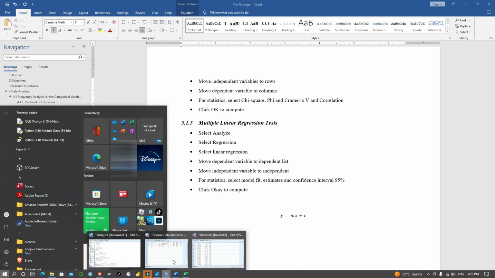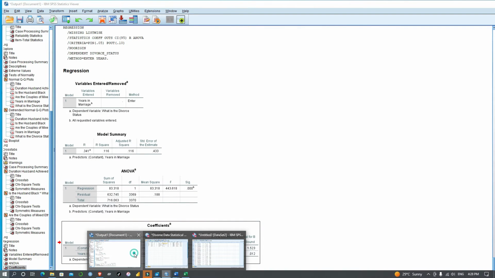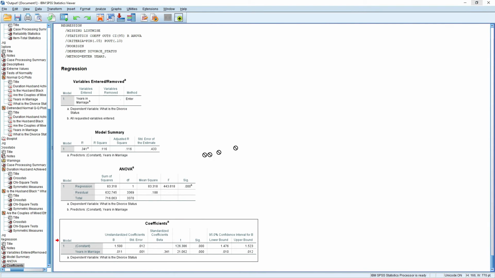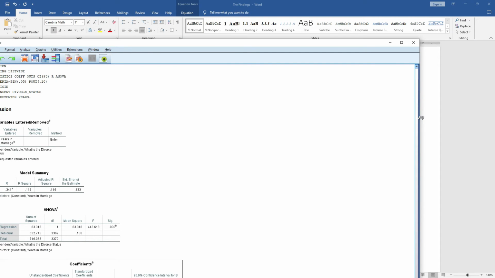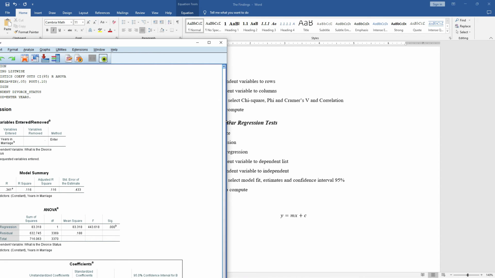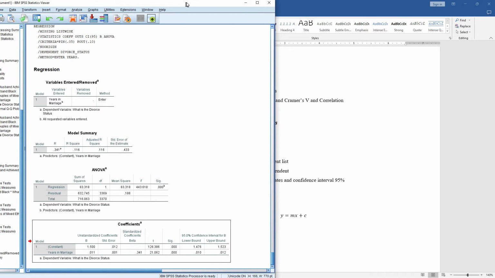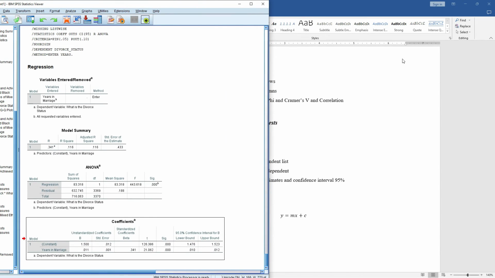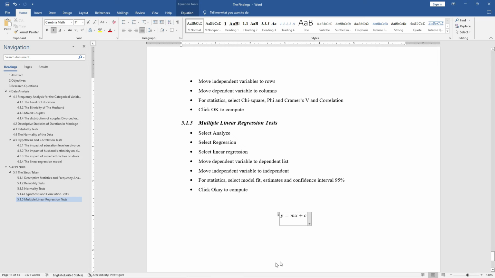Therefore, in this case, let's check, for example, the output of the analysis. This is the output of the analysis, and let me minimize this.